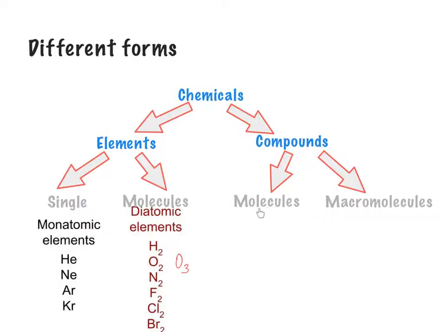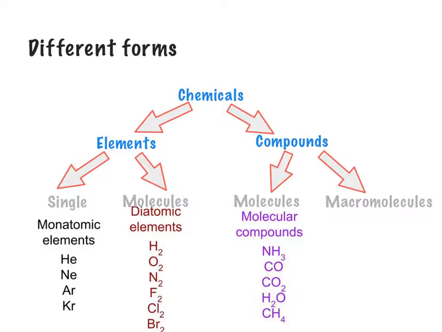Right, we've got small molecules and then we've got large molecules. Macro means large, so macromolecules, and just normal sized molecules. We should know most of these normal sized molecules, like ammonia, NH3, carbon monoxide, CO, carbon dioxide, water and methane are some common molecules that we do find.